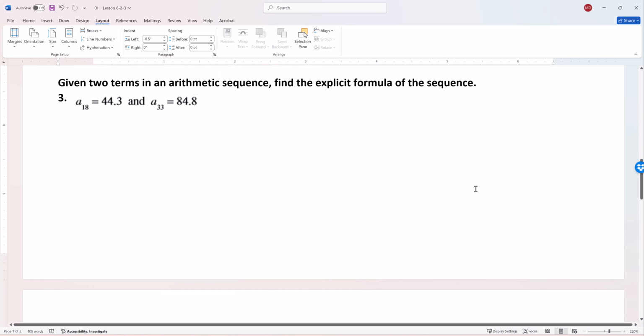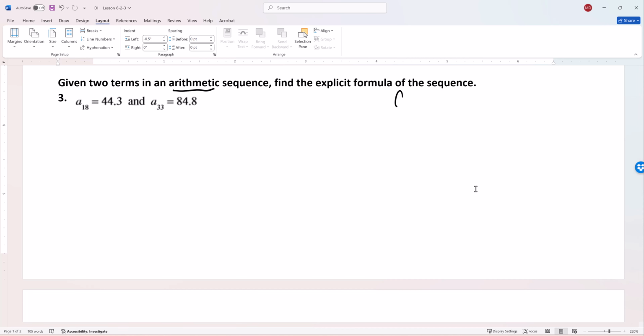This next one, it says given two terms in an arithmetic sequence, find the explicit formula. Okay, so arithmetic. So my arithmetic sequence is a sub n equals my first term plus n minus 1 times my common difference. So same idea, n here is 18, and then it gives you the a sub n.